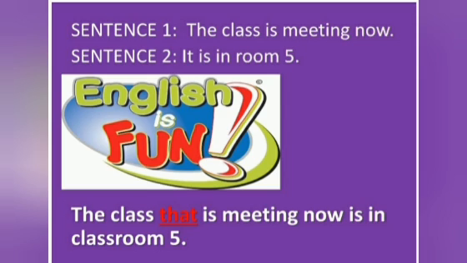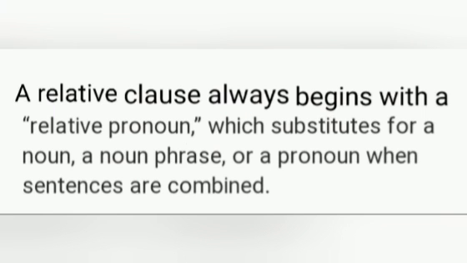Isn't it? So now you can see in both the sentences you have noticed two words have been used to combine the sentences, to combine the thoughts. That is who and that. So we can say a relative clause always begins with a relative pronoun, which substitutes for a noun phrase or a pronoun when sentences are combined.